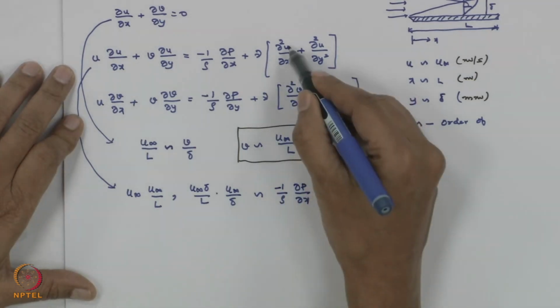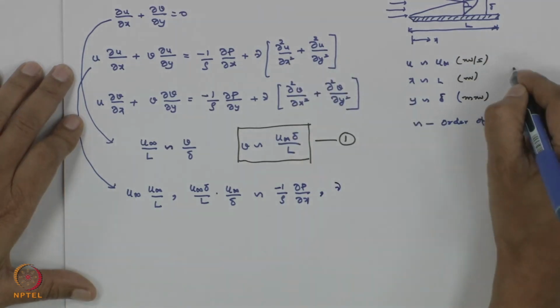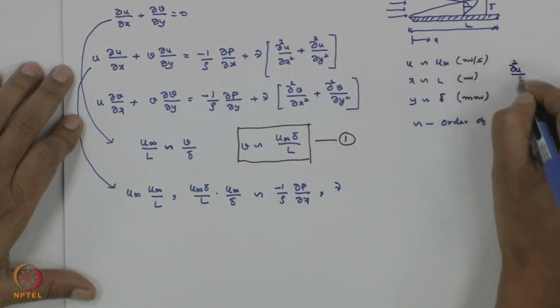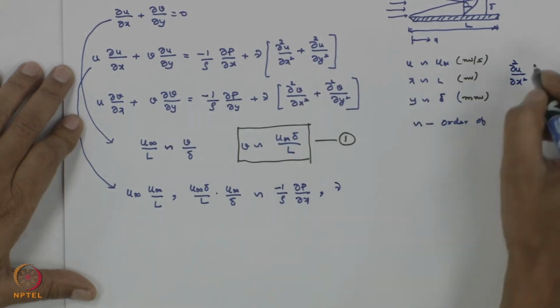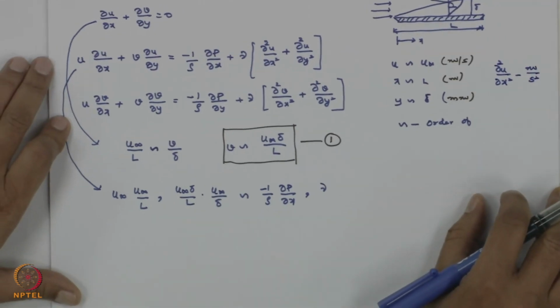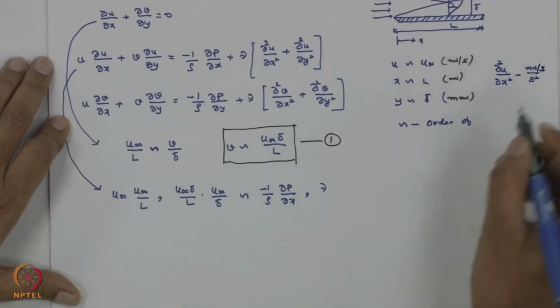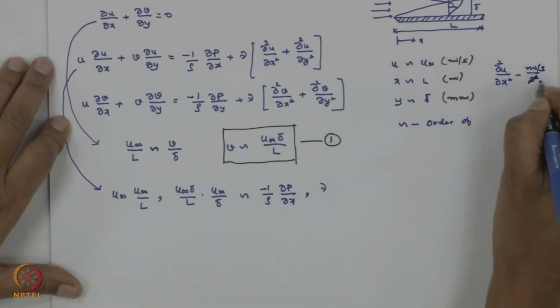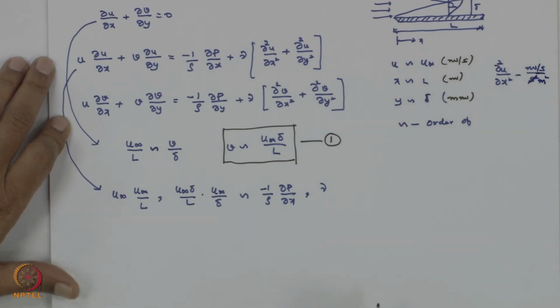What is the unit of del squared u by del x squared? Here usually students get confused. Del squared u by del x squared is meter per second per meter squared.